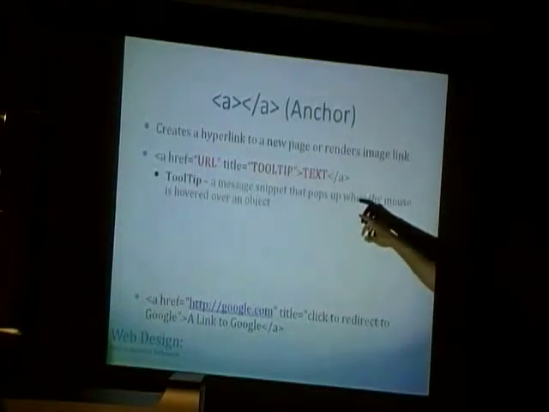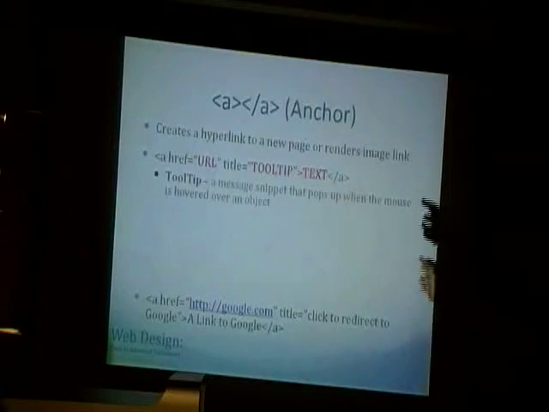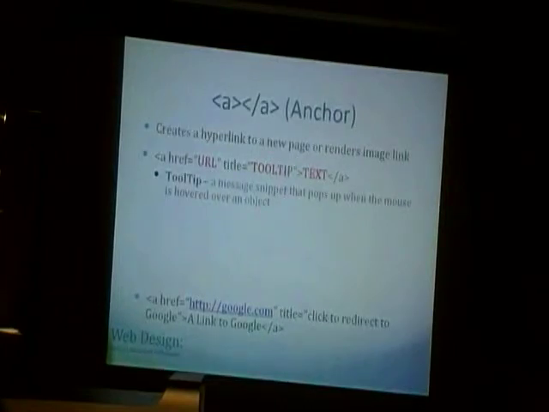And you have something called a title attribute, and it specifies text that's to be inserted in the tooltip. And a tooltip is essentially a message that appears on the link when you hover your mouse over it. So it's going to have a little box that pops up that'll show you what the title is. And of course, within the anchor tags, we have the text. And that's what you basically name your link.